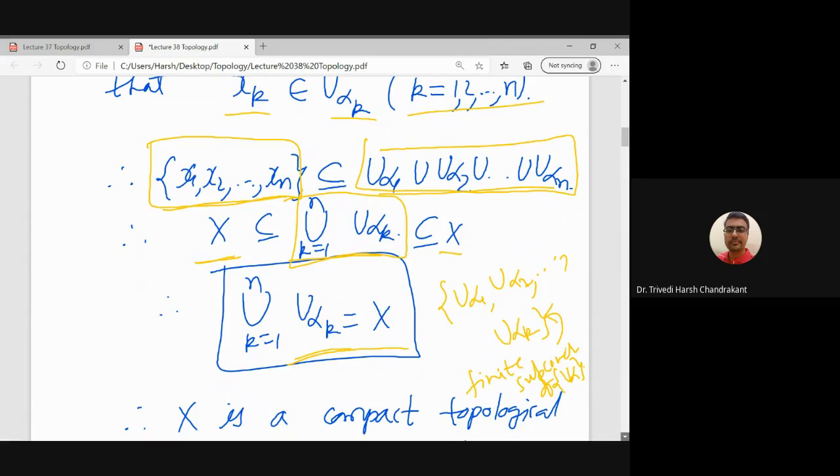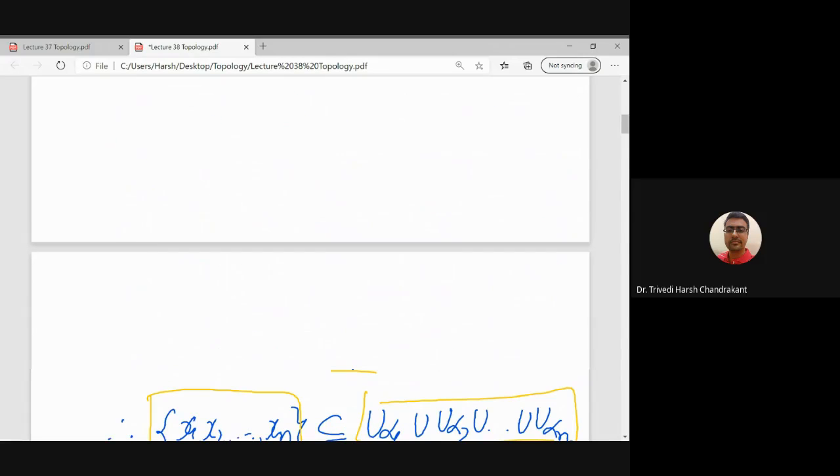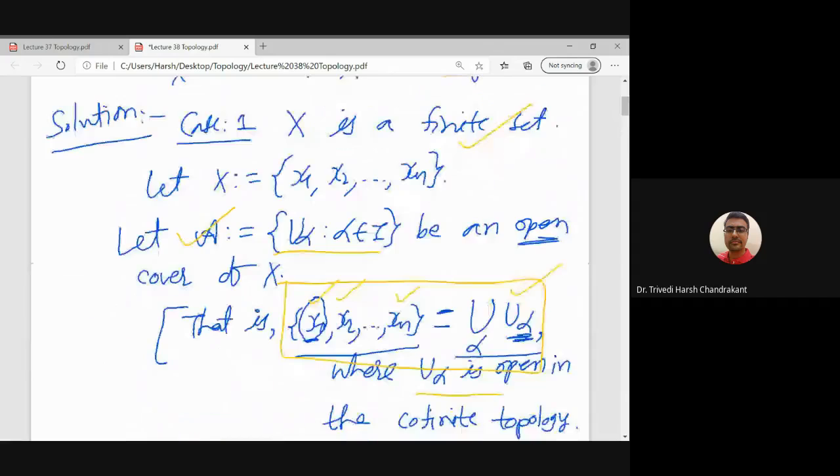And if you note, in the selection of U alpha k, we have not used the topology, right? We have just selected U alphas based on the points which we are selecting. So there is no role of topology in this first case when X is a finite set, because as many elements as we have, we can choose as many U alphas which contain those points one by one.